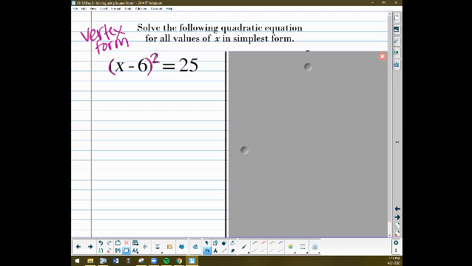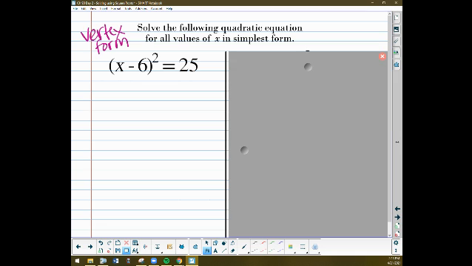Okay, so here is the difference. This first problem, I have x minus 6 in parentheses squared. I cannot add 6 because right now it is currently locked into those parentheses. I cannot add it to both sides, okay?